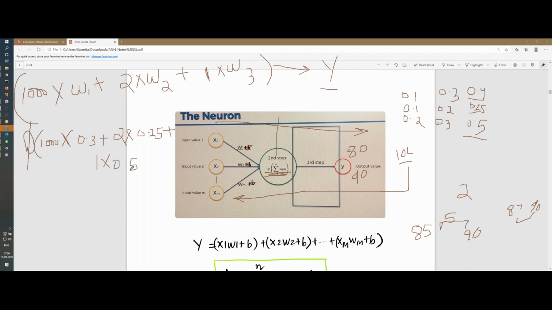Then I take the summation of everything and get a numerical value, let's say 1005. I'm just assuming. Then this goes through an activation function, and finally I'm predicting 1005. That is my y value.